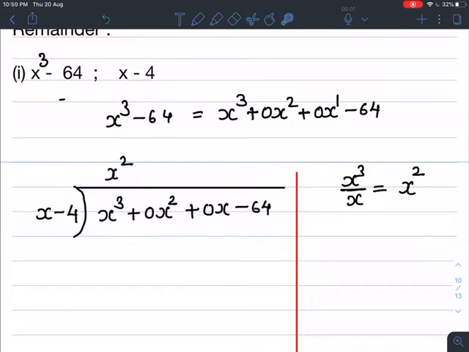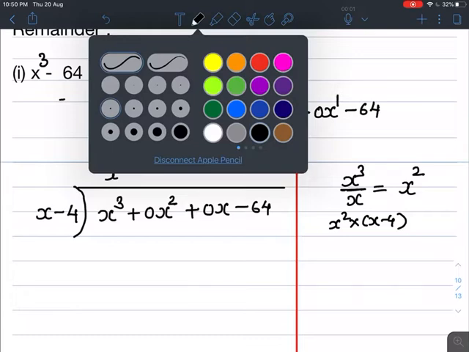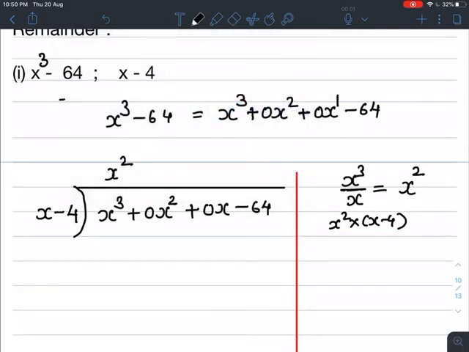So you have to multiply x square into x minus 4. I can write here x square into x minus 4. So x square into x is x cube, and x square into minus 4 will be minus 4x square.